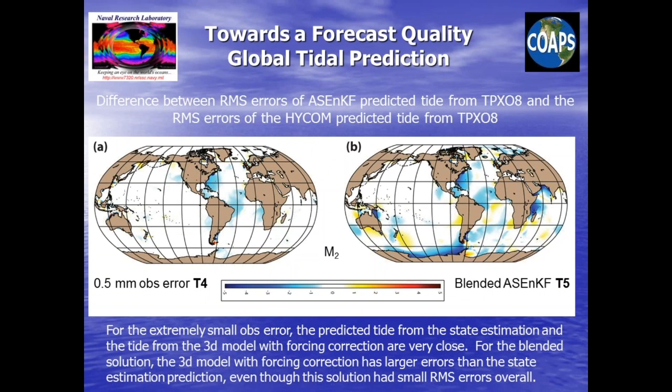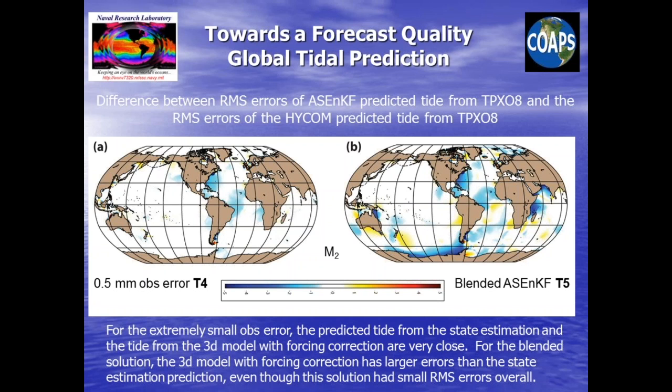And then the other thing is I told you that what we did was we also predicted that correction. So I can come back and say now I can rerun the three-dimensional model with that new forcing correction. And of course the background ocean underneath it won't be exactly the same, and the tidal solution isn't going to be exactly the same. So the differences between these two are the differences between the prediction of the Kalman filter and the prediction of the model.